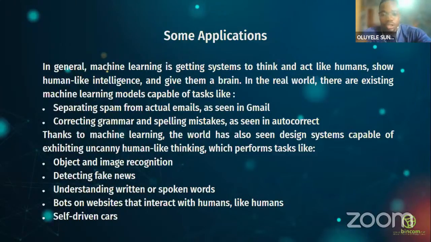Other tasks include correcting grammar and spelling mistakes, as seen in autocorrect. These are the jobs of a machine learning model.